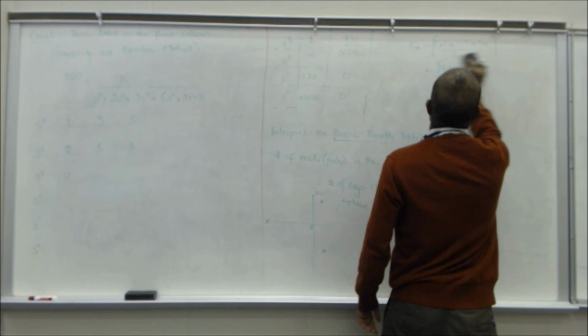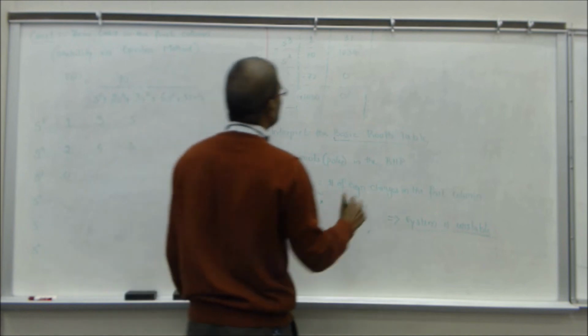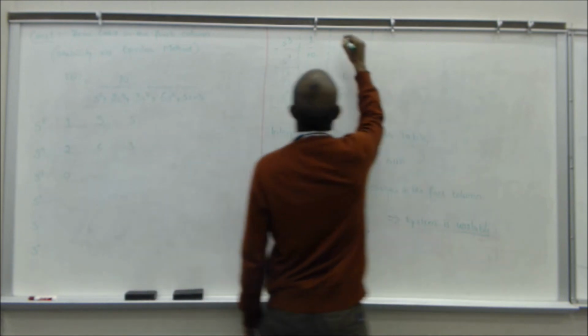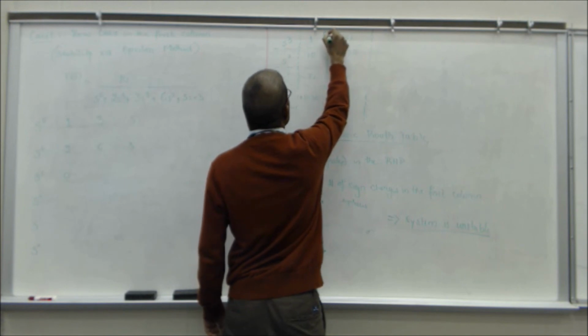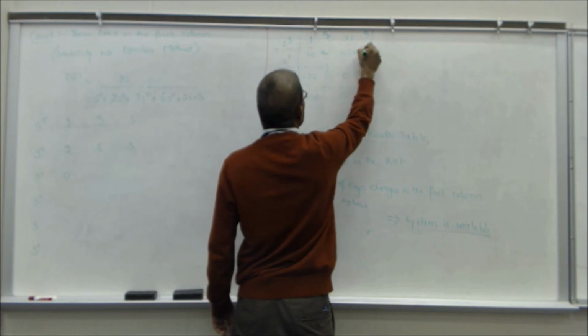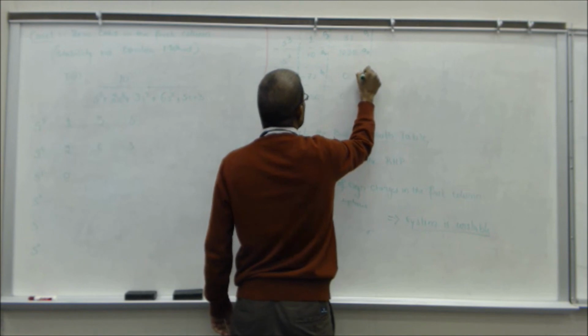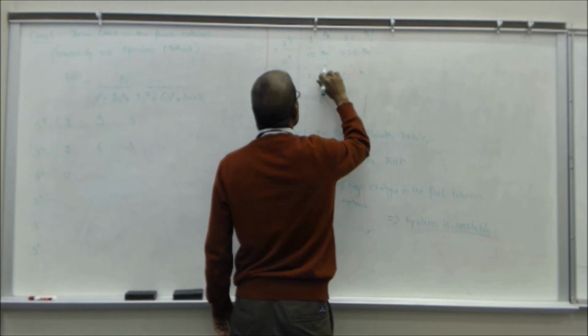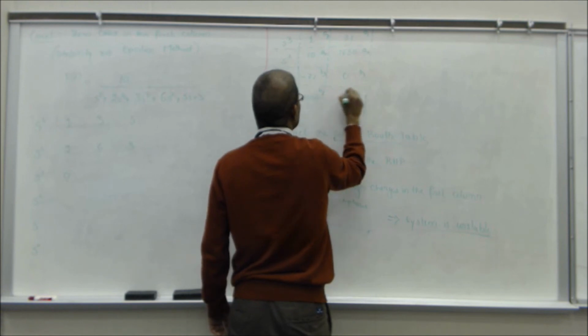Let me just rewrite this so that it will be easier for you. Let's say this is A3, A1, A2, A0, and this is B3, B1, B2, B0.